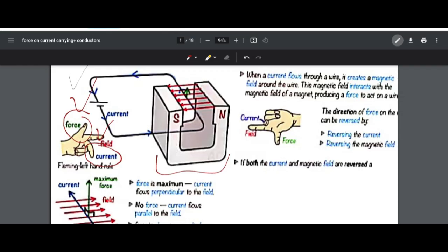Okay, you have to write this thing down. Three fingers are perpendicular to each other.